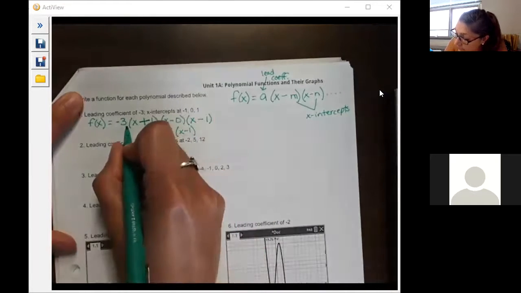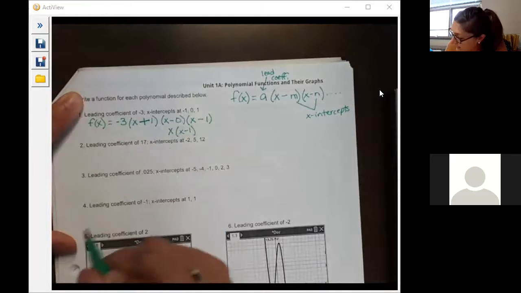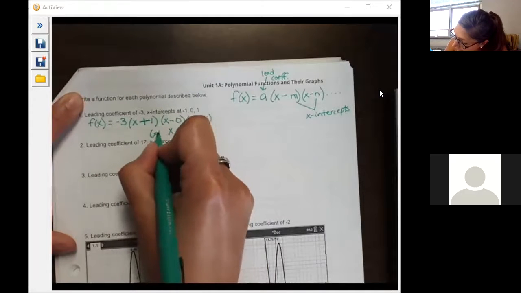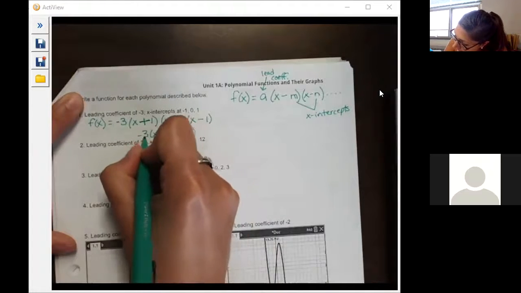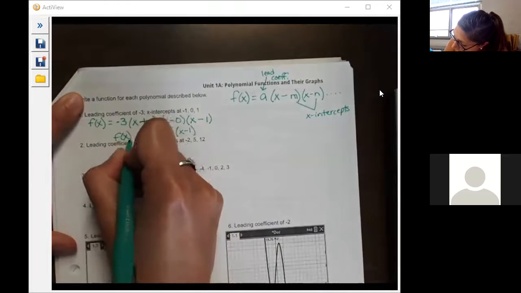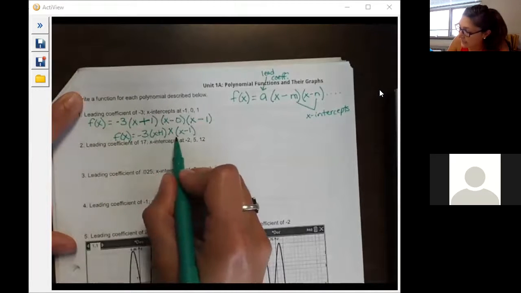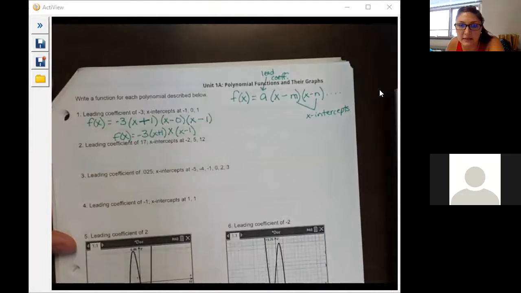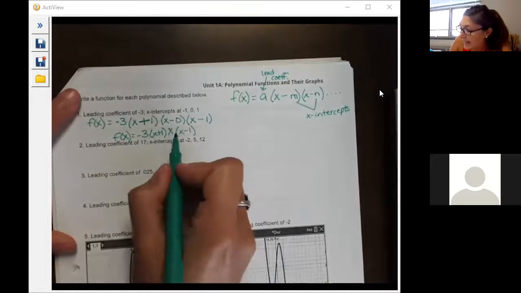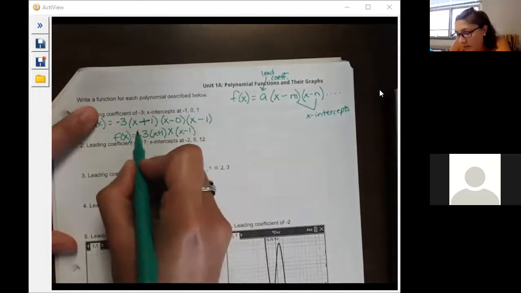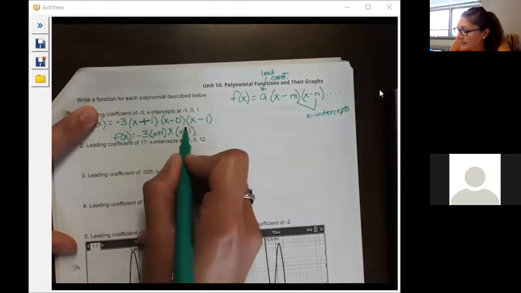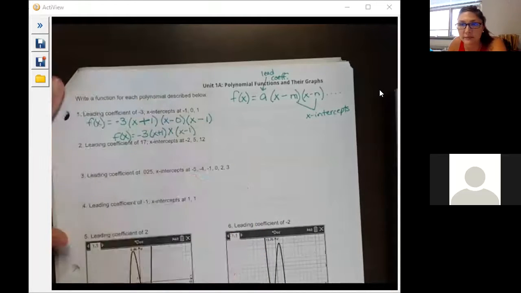If you want to throw it in front next to the -3, that's fine too. But we have a cleaned up version of this that looks like this. F of x equals -3 times x times x plus 1 times x minus 1. And any order on these pieces is fine, though the lead coefficient needs to be in front. It'll all give you the same function.